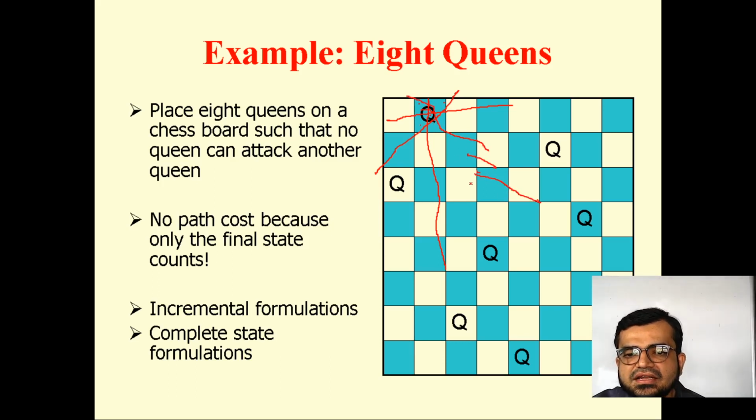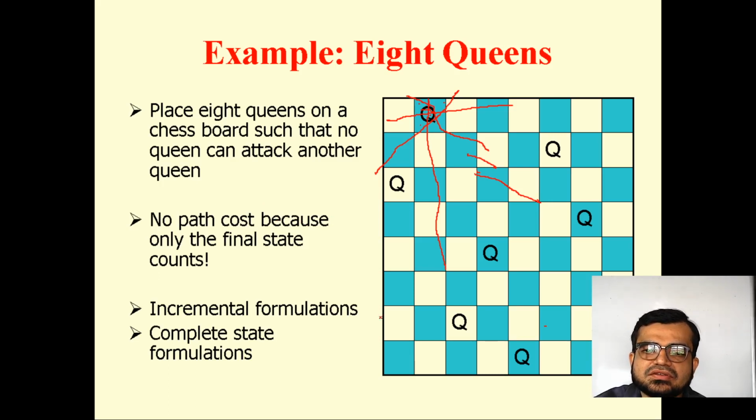That means if you consider this diagonal till here, neither horizontally, nor vertically, nor diagonally, from both sides there should not be any queen.